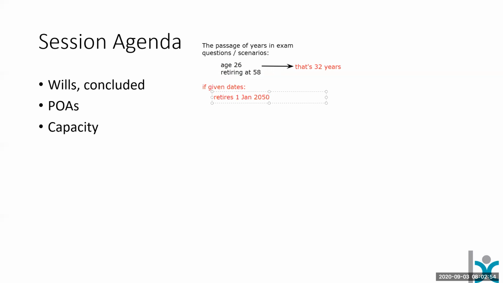So she's going to retire 1 Jan 2050, and she started work on 30 December of 2018. Okay, you with me here? Then that's not 32 years. That's really 31 years. But you'd have to be given so much information. Do you see that?